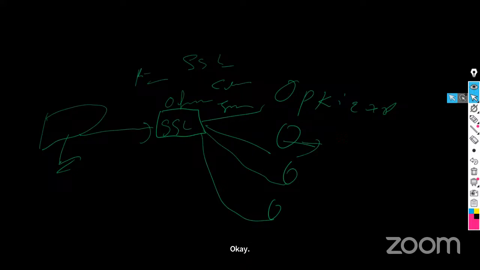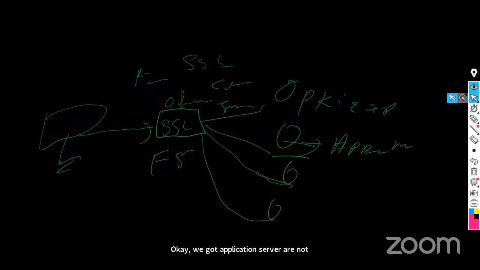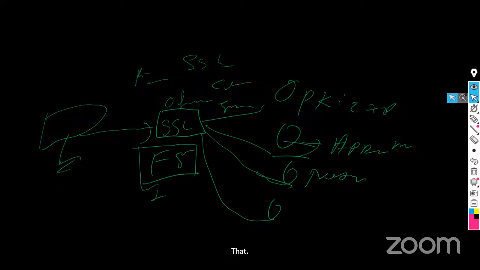On the servers, mostly the application team manages the certificate, because application servers are not managed by the IT team, meaning the network team, right? But we are managing the F5, so we need to update the certificate on the F5. We will generate the CSR.